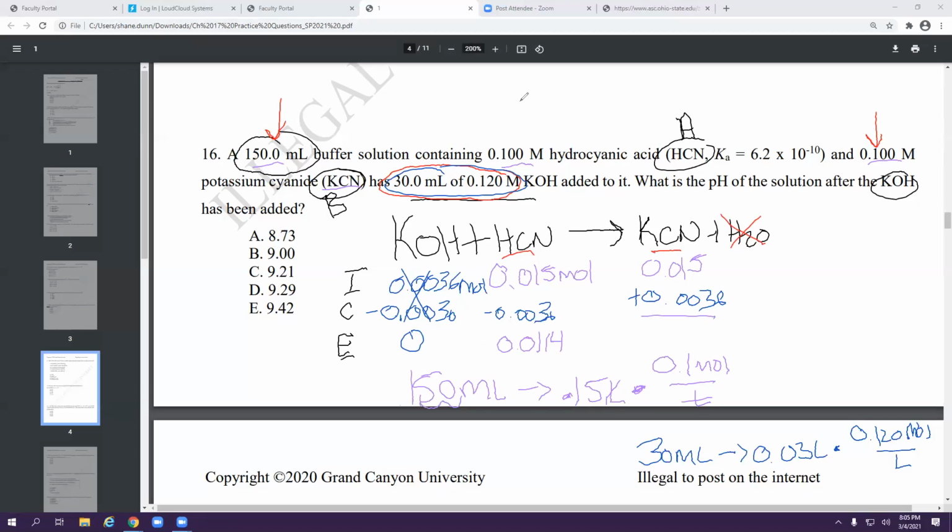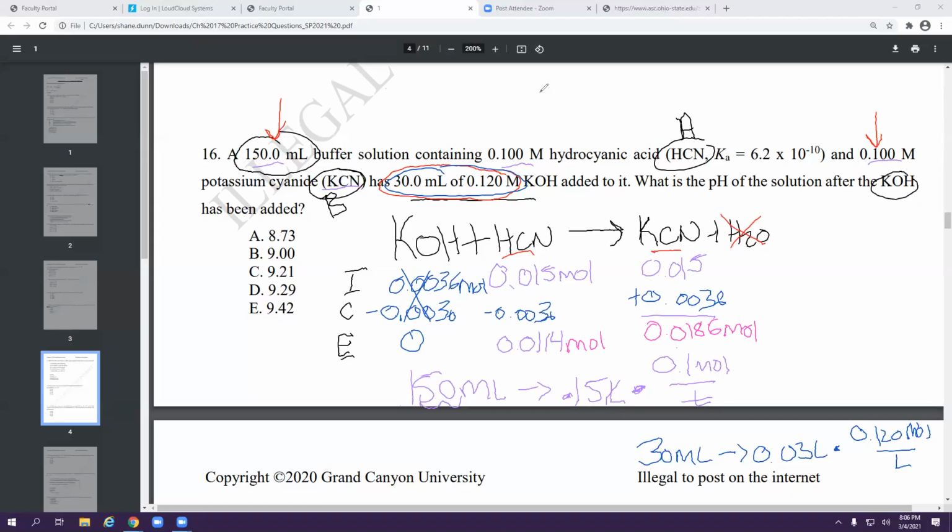And over here, I'll do in pink now because it's a separate thing. I'll get 0.0186. Cool.